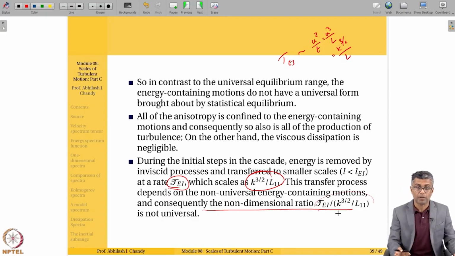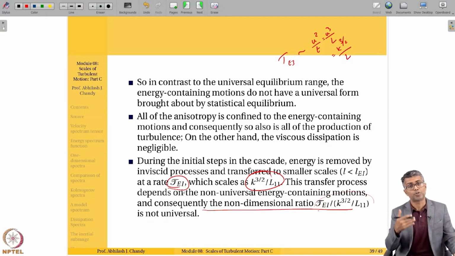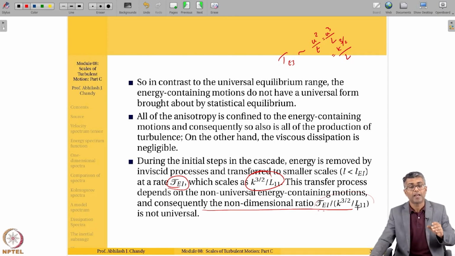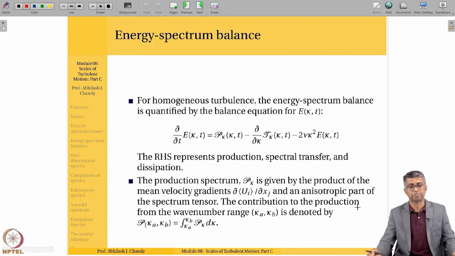It is non-dimensional, that is the way we have scaled it, because TEI is the energy transfer rate, u squared over t, u cubed over L, or k to the 3/2 over L. So this divided by this would be non-dimensional. Yes, but it is not universal. Nothing in the energy containing motions would be universal, isn't it?